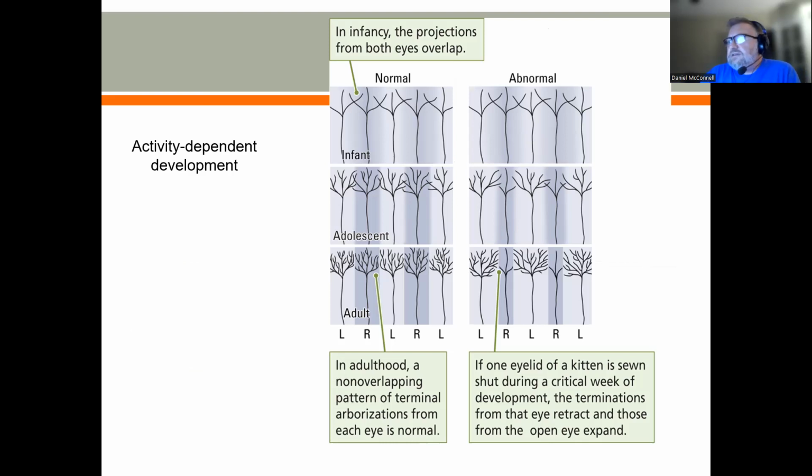Here's something else that gives us another view of what's happening here. So we're going to see in a coming chapter that in the visual cortex, there are different columns that process information from the left eye versus the right eye.